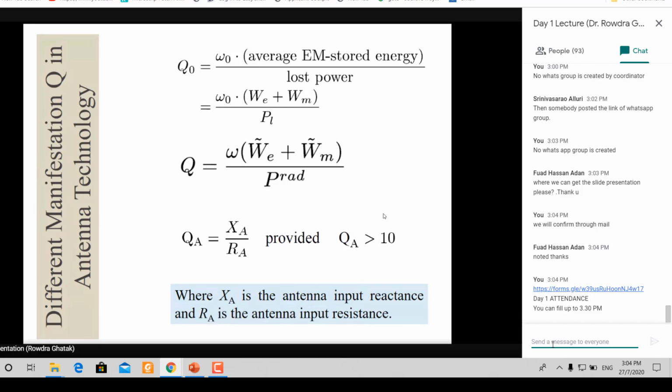You can also go from the equivalent circuit point of view, find the reactive part and the real part. You can find the antenna input impedance and input reactance, and from that the quality factor. But traditionally, you cannot go by finding only F0 by delta F. That technique is not precise when you go for multi-mode resonators and apply them in antenna applications, or any other circuit applications, couplers, filters, or reconfigurable systems.